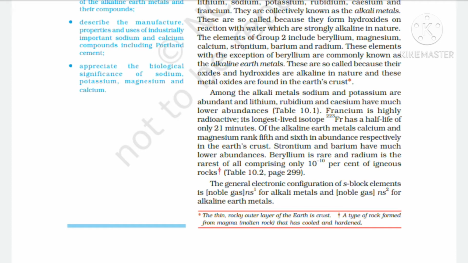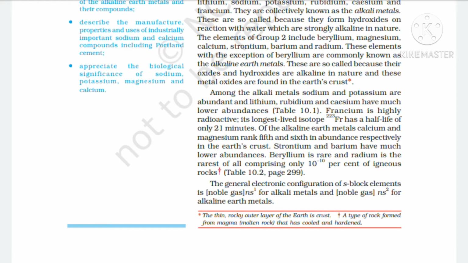These elements, with the exception of beryllium, are commonly known as alkaline earth metals. These are so called because their oxides and hydroxides are alkaline in nature, and these metal oxides are found in the earth's crust.